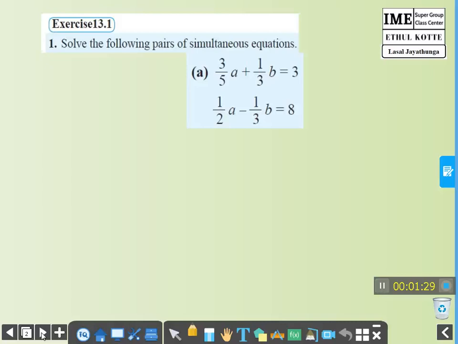Now decide how you can cancel them, plus 1 upon 3b and minus 1 upon 3b. How can you cancel them? By adding or subtracting. Yes, you can cancel them by adding. So we'll add the two equations now.